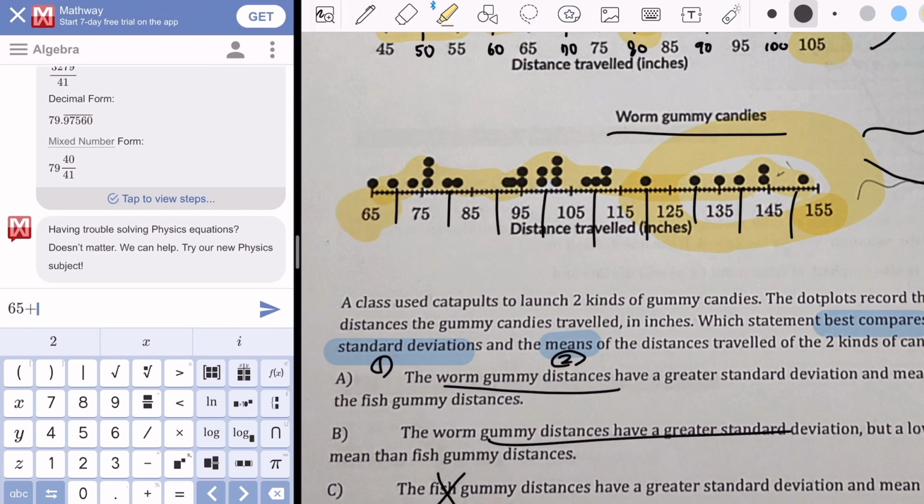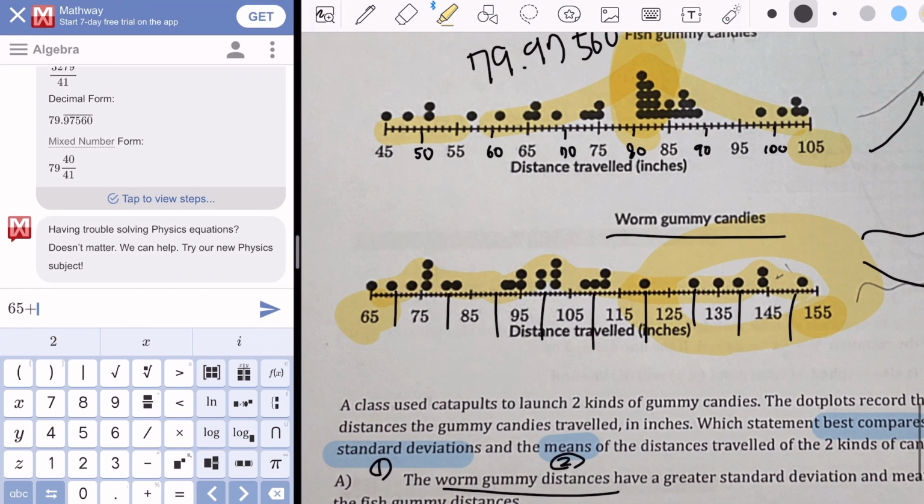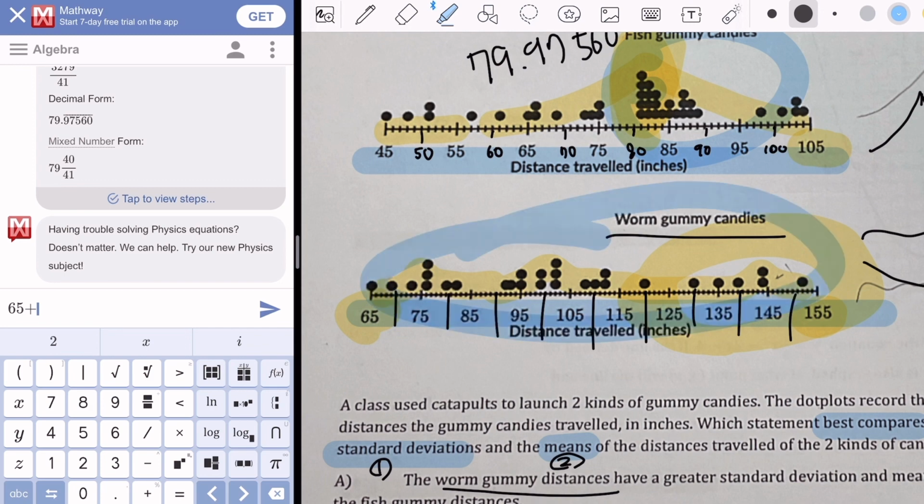So even though it seems like this graph has greater values, in fact, when you look at the labeling, this one has much greater values.